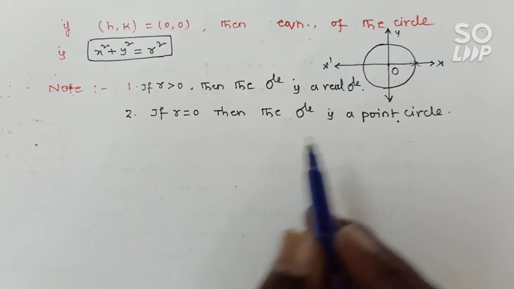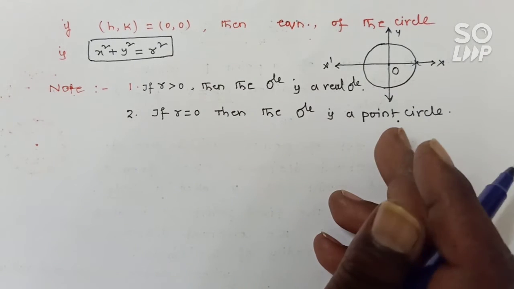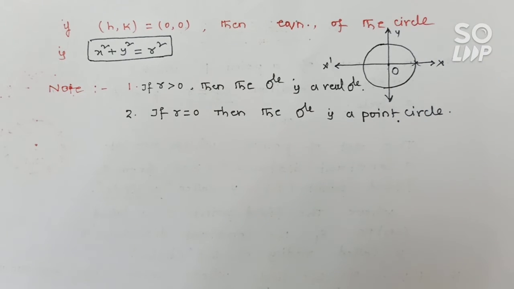A point circle is also called a real circle, but every real circle need not be a point circle. So when I mention in any problem that the given circle is real, then we should take r greater than or equal to 0.